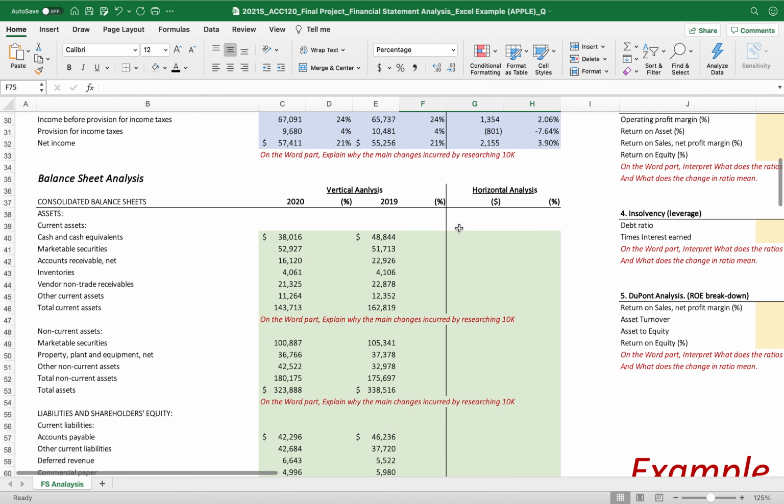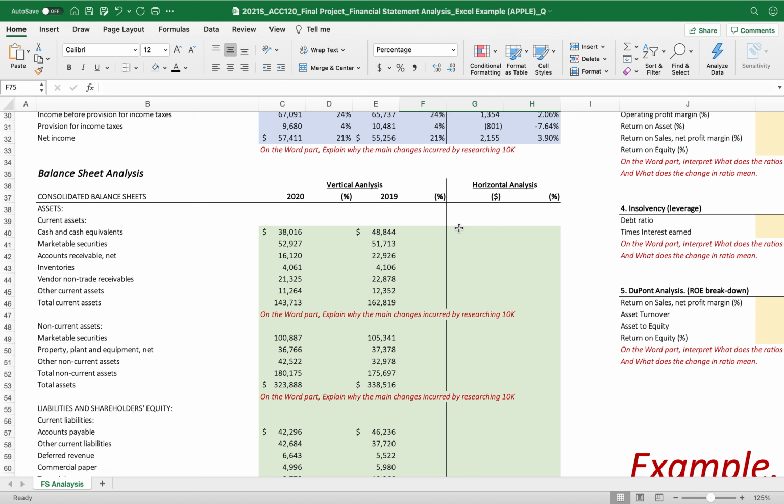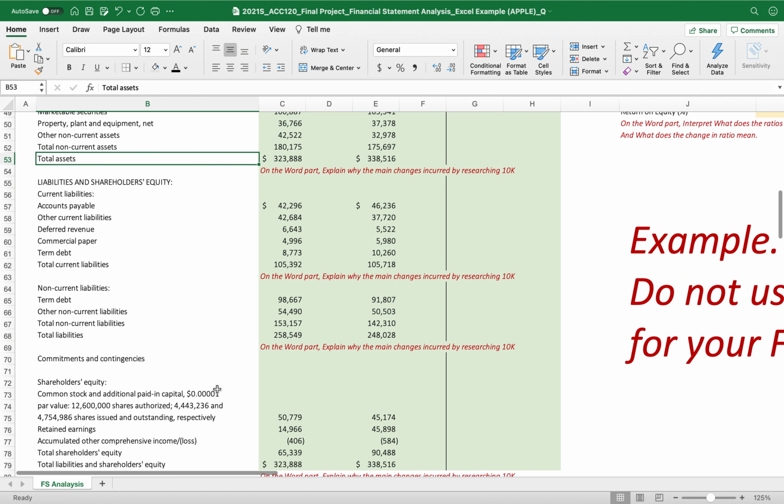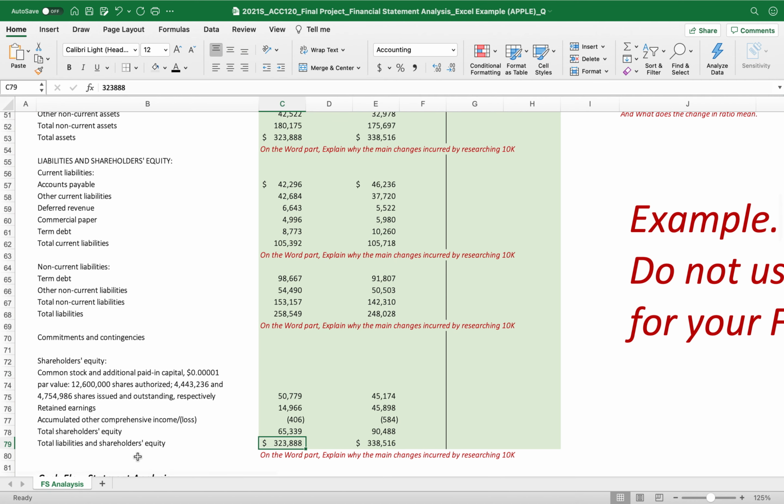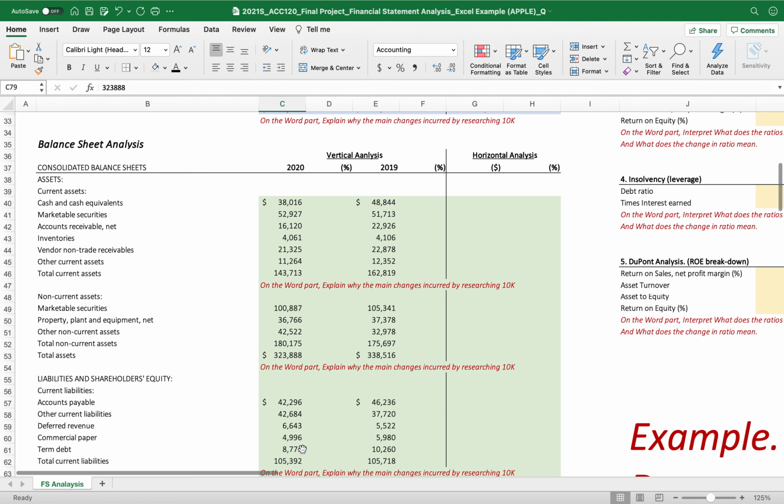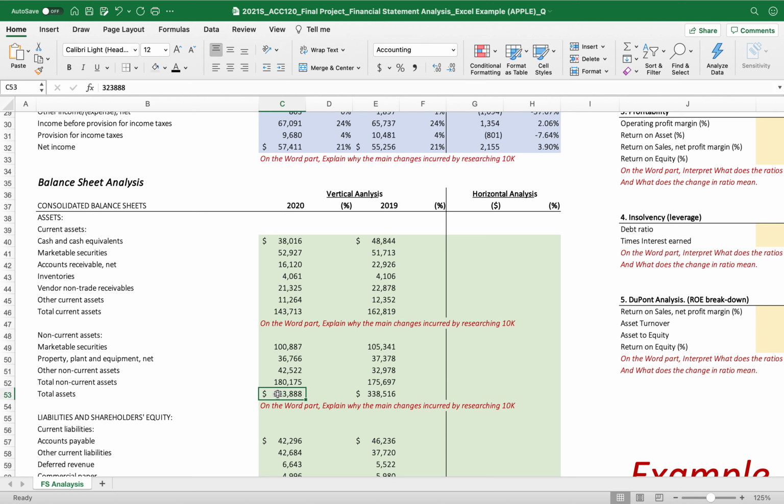Okay. The same way, now we want to find which basis should be the base of this vertical analysis on the balance sheet. Total current asset? No, total asset, or the same value, same amount, which is the total liability and shareholders' equity. So you have to use this total asset. Okay, out of a total asset, how much percentage is each account?